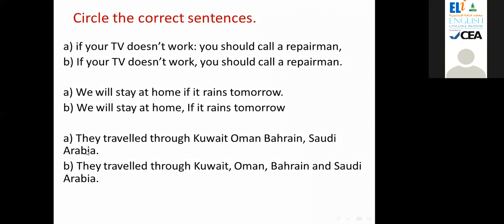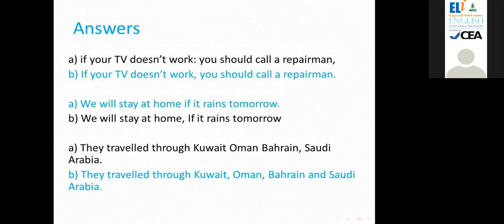The last one, here we have a list of words or similar words. They travel through Kuwait, Oman, Bahrain, and Saudi Arabia. So B is the correct one because we separate the similar words by commas, and between the last two items we use and, and end with a full stop.